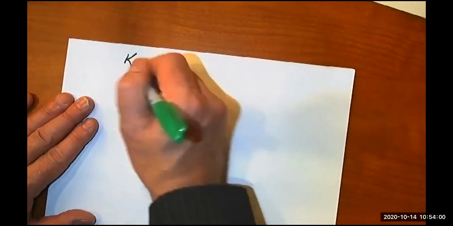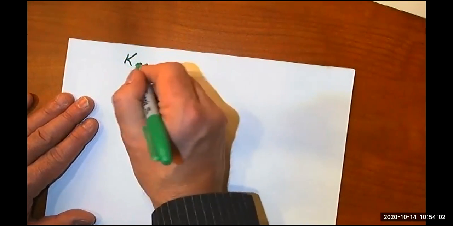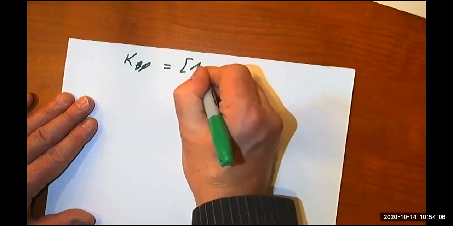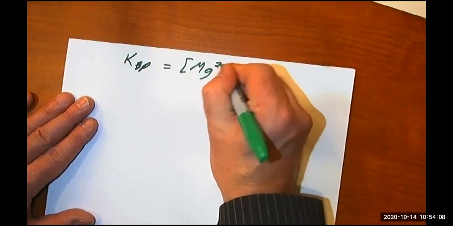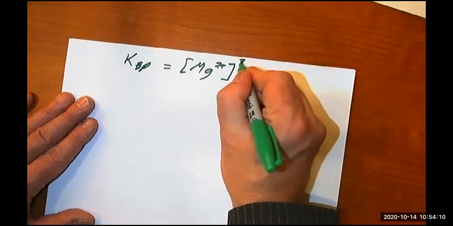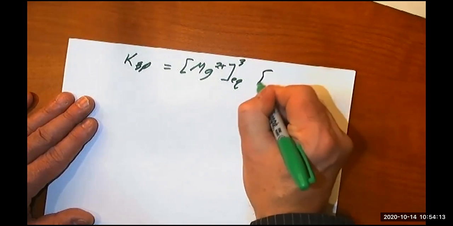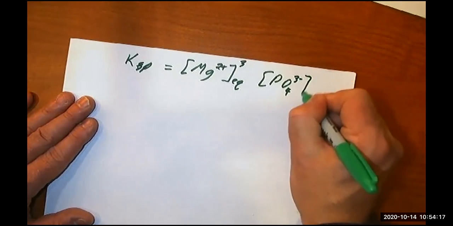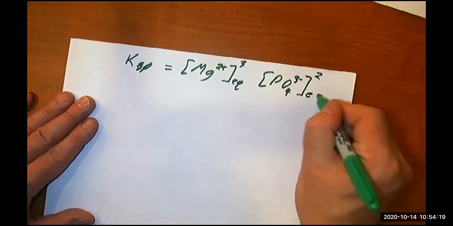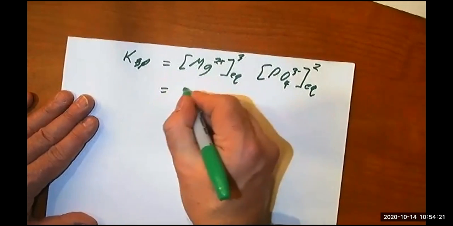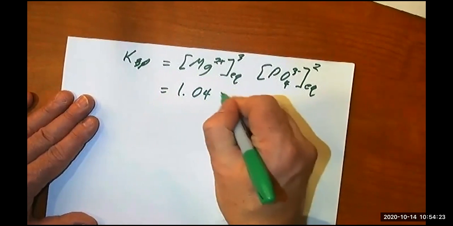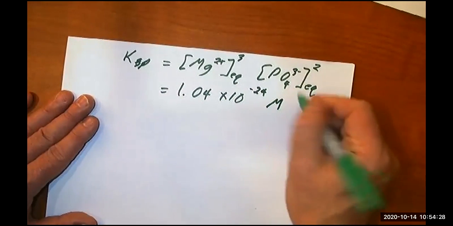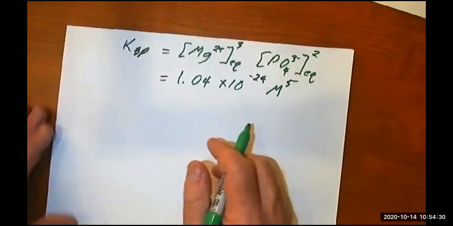So in this particular quiz question, we're looking at the Ksp of magnesium phosphate, and this has a value of 1.04 times 10 to the negative 24th, units of molar to the fifth.